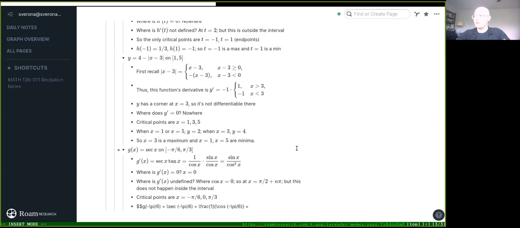So that's going to be 1 over cosine of negative pi over 6. I know that cosine is even, so that's going to be 1 over cosine of positive pi over 6. I don't know if this is all going to fit on one line. Cosine of pi over 6, I believe, is square root of 3 over 2.